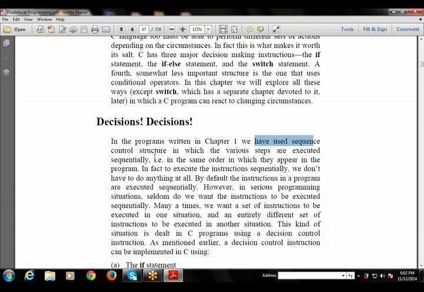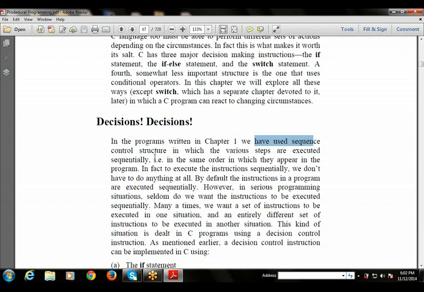However, in serious programming situations, we need to take decisions. Many a time, we want one set of instructions to be executed in one situation, and an entirely different set of instructions to be executed in another situation. This kind of situation is dealt with in a C program using a decision control instruction.